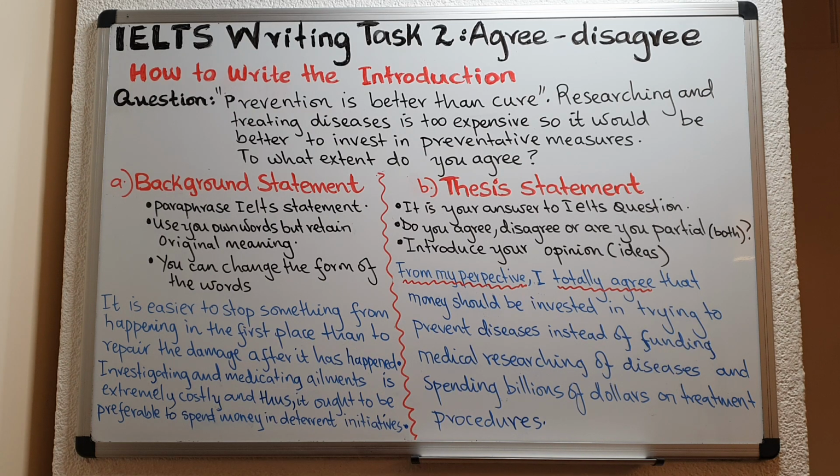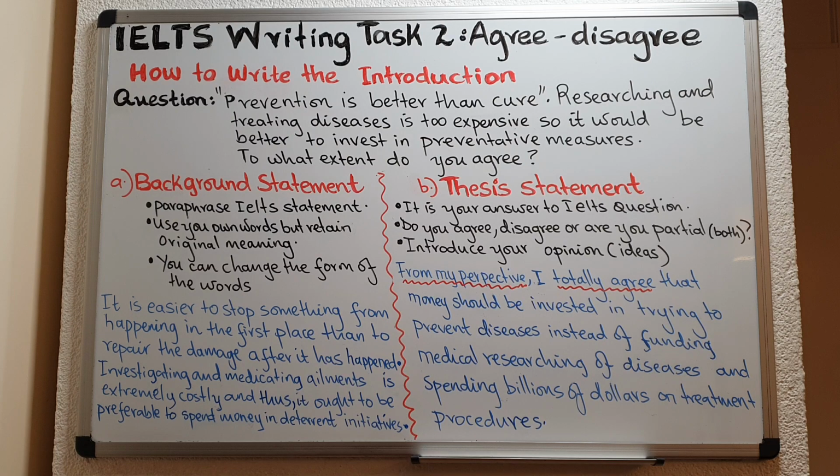But before we begin the lesson, I would like to give you some information about writing task 2. You get 40 minutes to write your task 2. You should write more than 250 words.